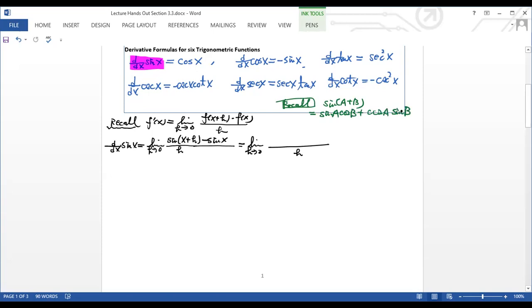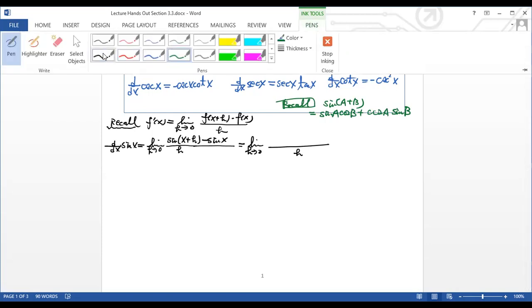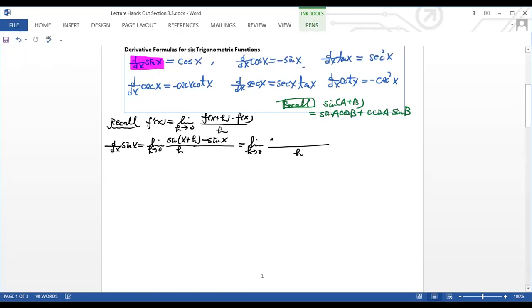All right. Okay, sounds good. Okay, so now let's try to break this one down. So this will be sine x, correct, cosine h plus cosine x sine h. All right, and then minus sine x.